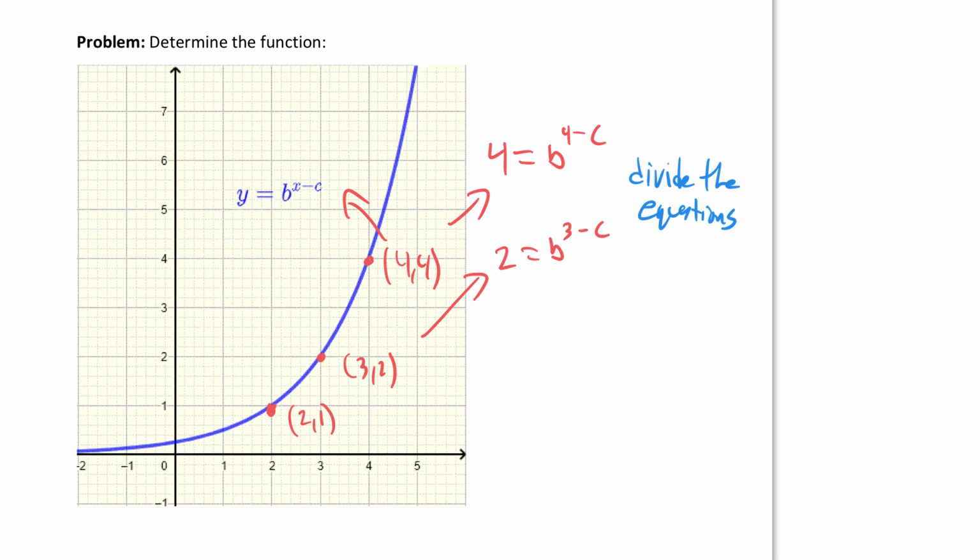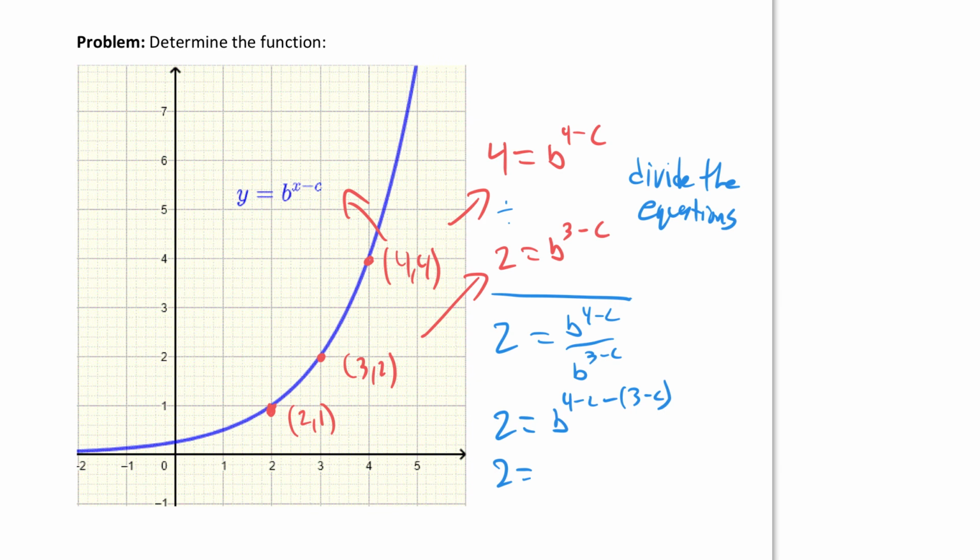If we take 4 divided by 2, that's going to give us 2. If we take b to the 4 minus c divided by b to the 3 minus c, let's write that out: b to the 4 minus c over b to the 3 minus c. Because we're dividing and they have the same base, we're allowed to subtract the exponents. So using exponent rules, this gives us b to the 4 minus c, and then we subtract 3 minus c.